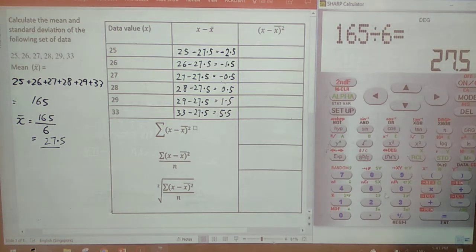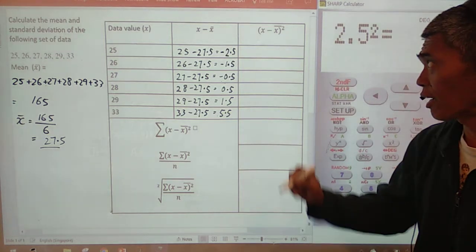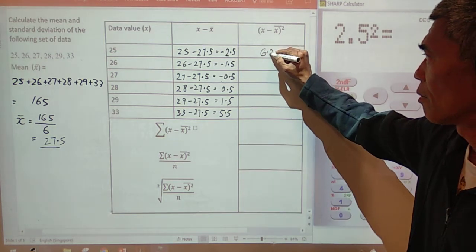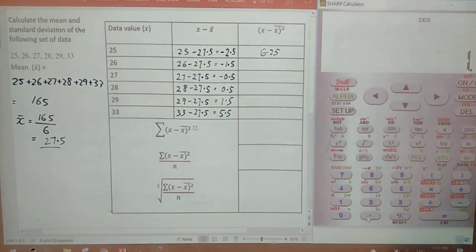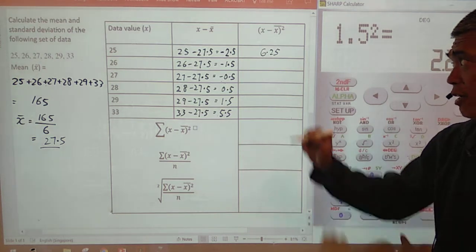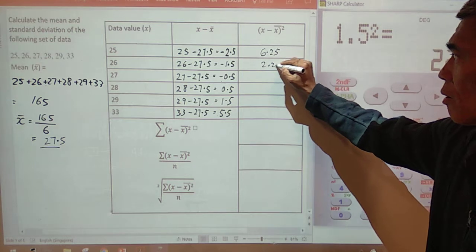We have 2.5. Let's square this. If we square 2.5, we get 6.25. 1.5 squared would give us 2.25.